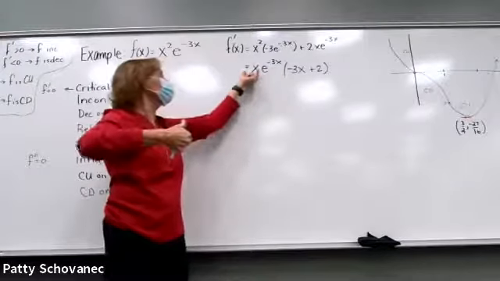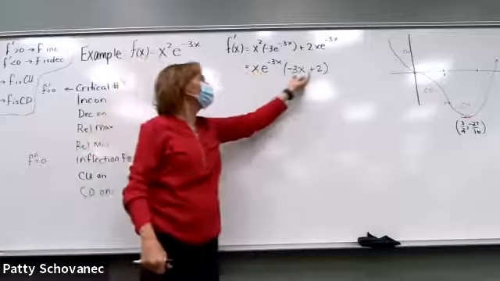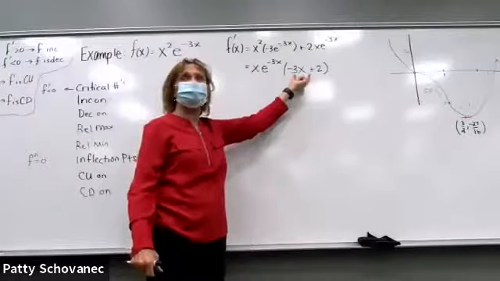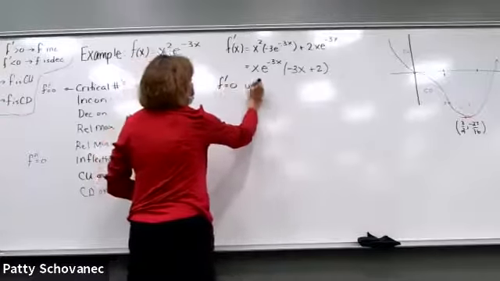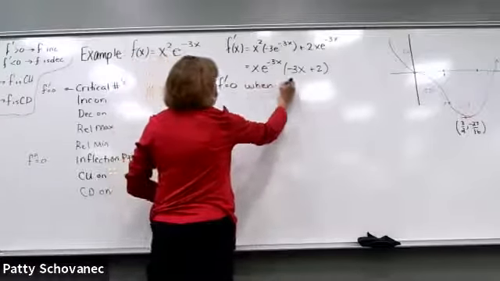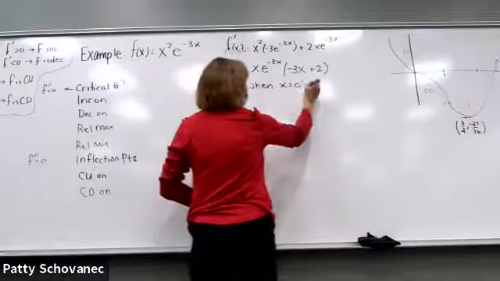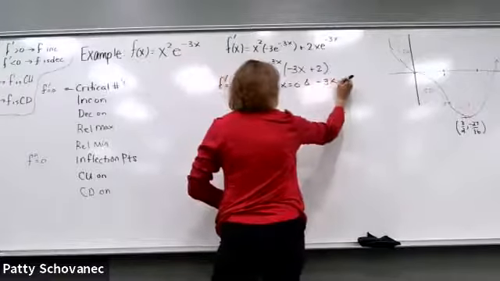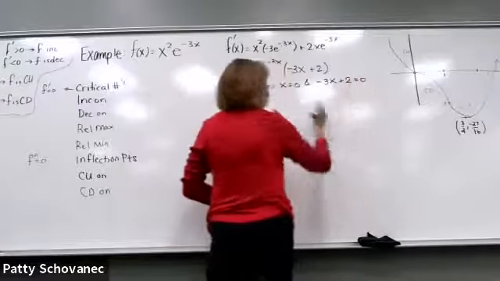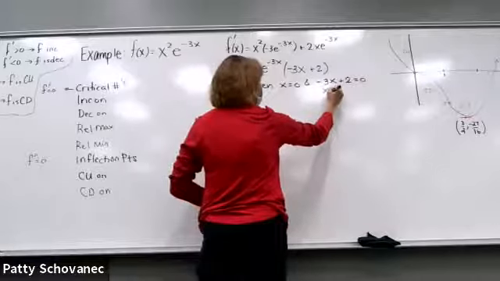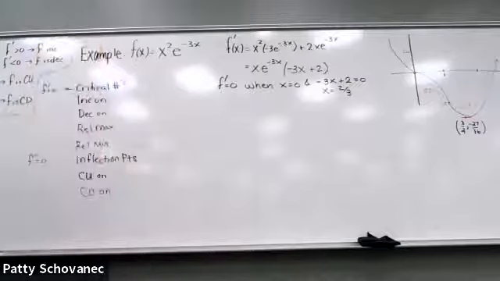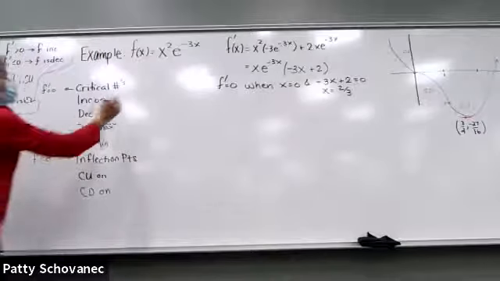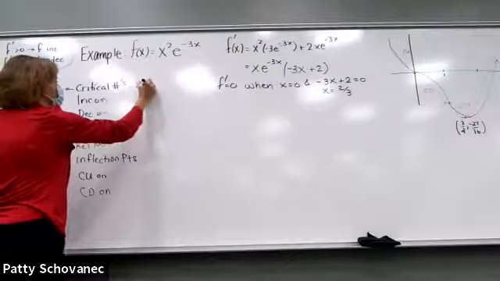But I get a critical point when x is 0, and when negative 3x plus 2 is 0. So if I subtract 2, divide by negative 3, cancel the negatives, I get x is 0 and x is 2/3 as my 2 critical numbers.